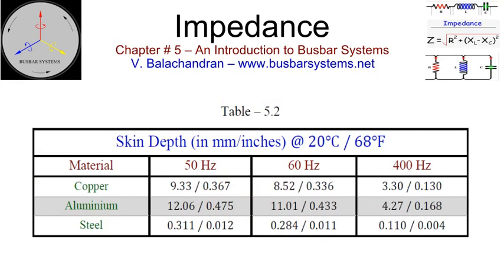Table 5.2 displays the skin depth of copper, aluminium, and steel at a frequency of 50, 60, and 400 cycles per second. Interestingly, even though the conductivity of steel is not much lower than that of either copper or aluminium, its magnetic permeability is extremely high. Consequently, the skin depth is extremely small. Therefore, iron, as an electrical conductor in an AC circuit, is very poor.